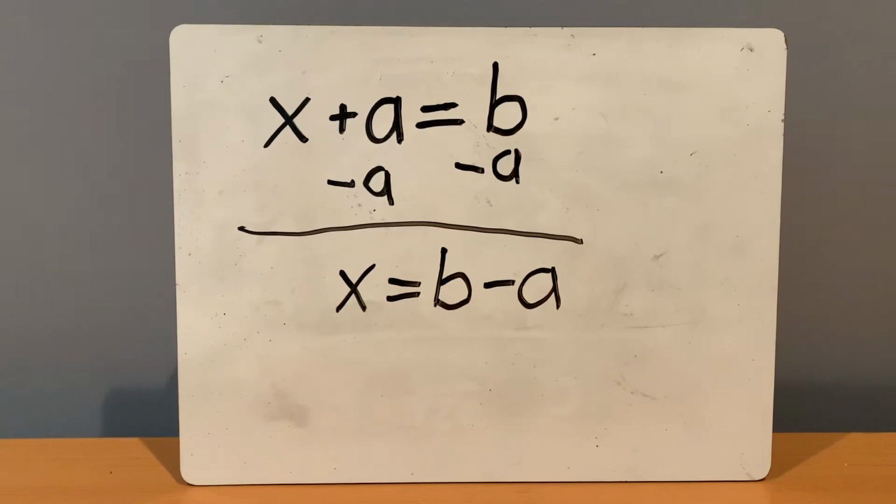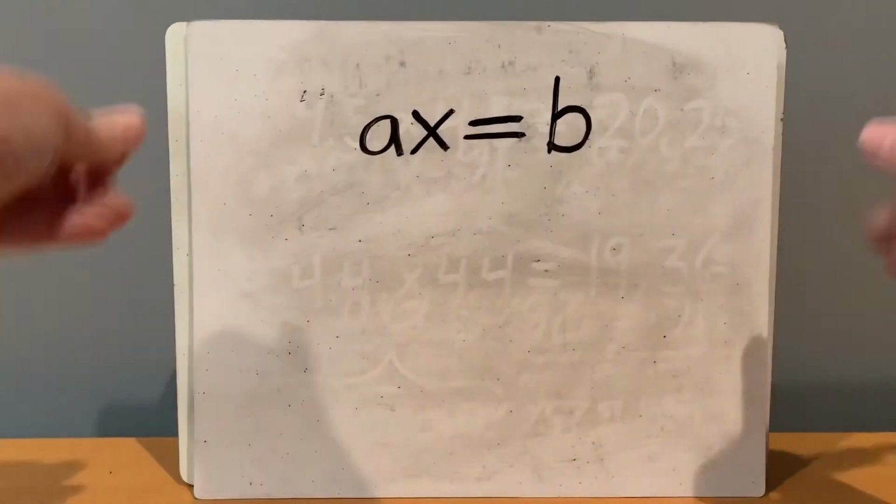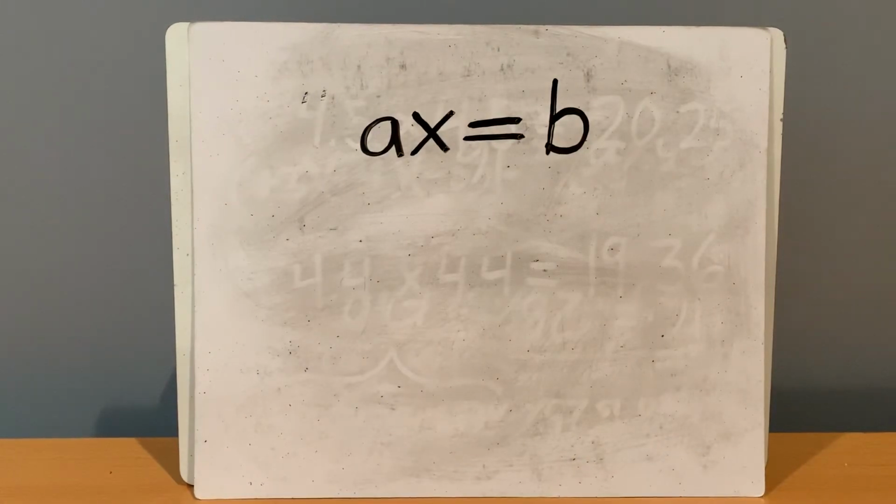So, solving literal equations actually can be really fun. It's kind of like a puzzle. We've got another one. We have A multiplied by X equals B. Now again, we're going to solve for X. So again, we want to get X by itself or isolated on one side of the equation.